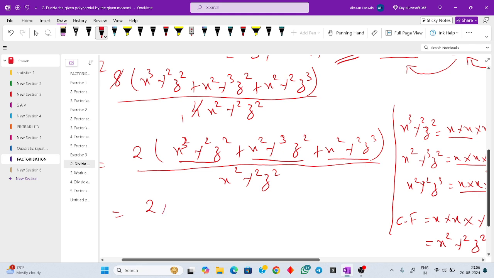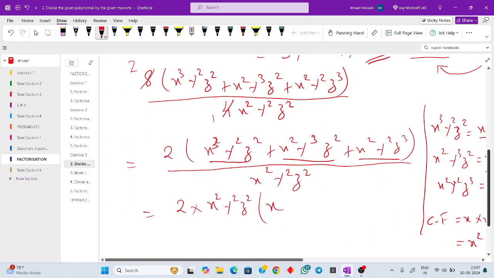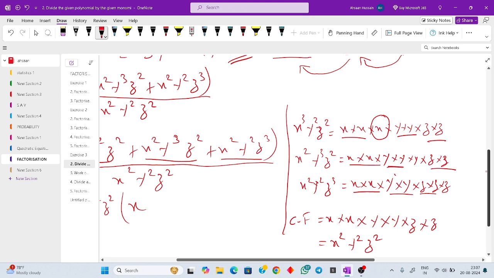So we'll take x square, y square, z square. And what is left here? Only one x is left in the first term, and only one y is left in the second term. So plus y, and in the last term only one z is left.